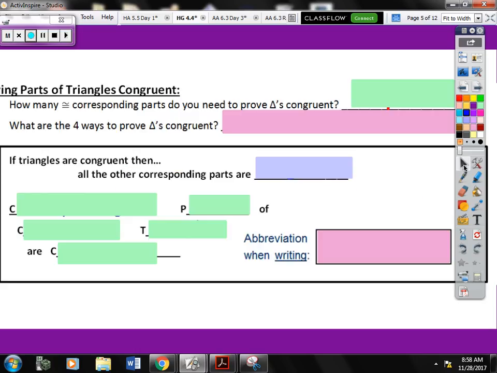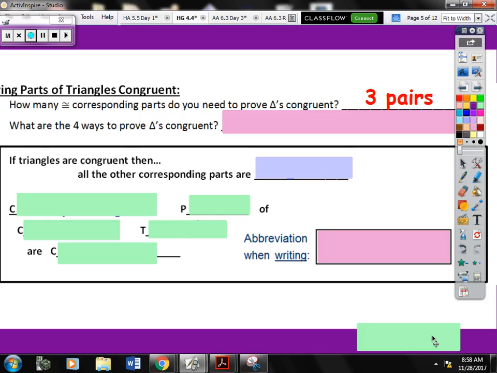So, how many congruent corresponding parts do we need to prove triangles congruent? So what's the minimum number we would need to find to prove the triangles were congruent? 3. Okay, and that's like side side side, 3 pairs of sides. For angle, side, angle, 2 pairs of angles and a side, so that's 3 pairs.